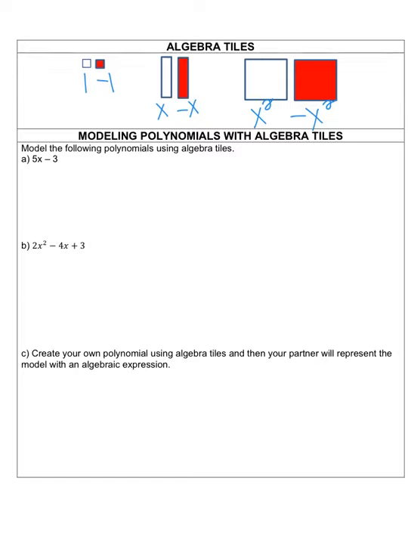Okay, so I want you to model this polynomial, 5x minus 3. So this really means 5 x's and 3 -1's. So let's take out 5 x's. So I would have 5 x's.